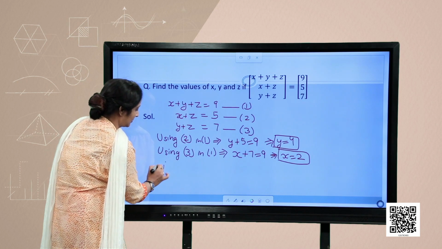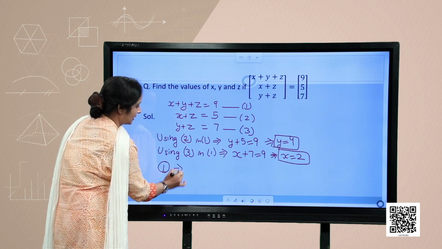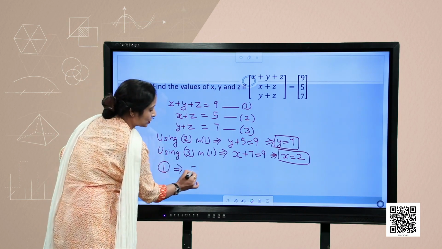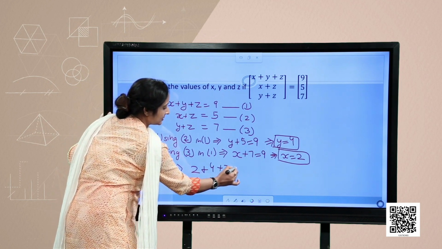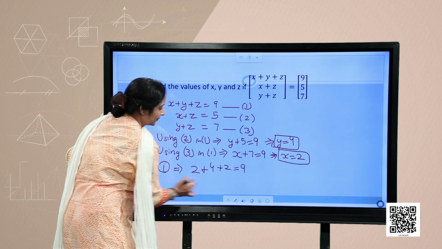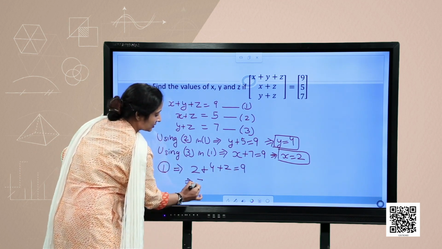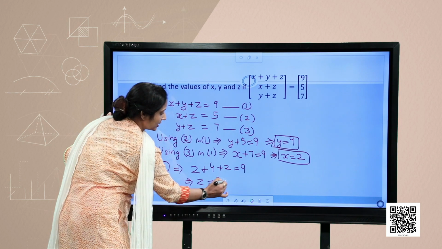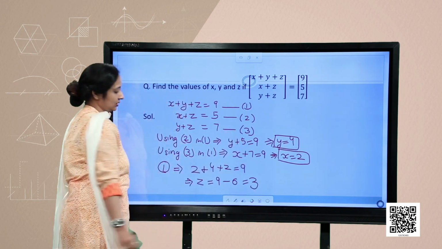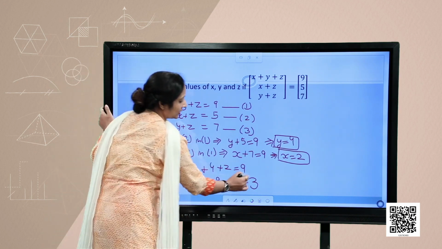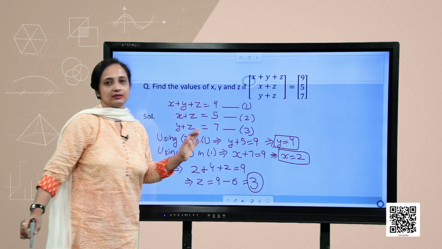Let's take 1 only. So x is 2, y is 4, and z is to be calculated. This gives us z is equal to 9 minus 6, which is 3. So you have got all 3 values of x, y and z.